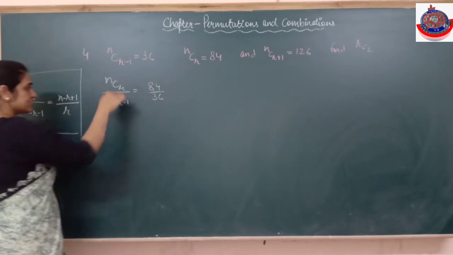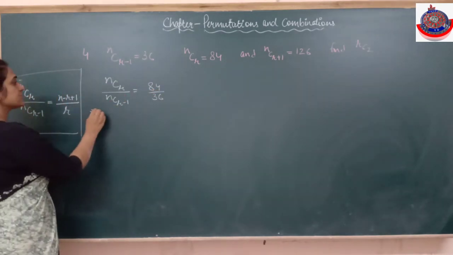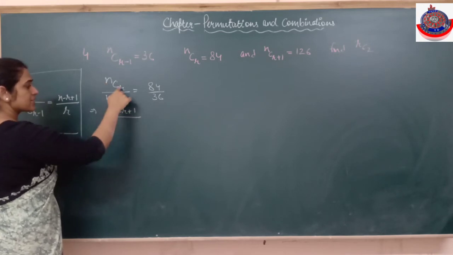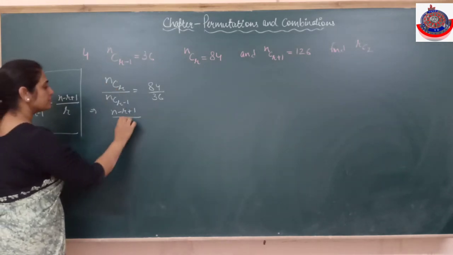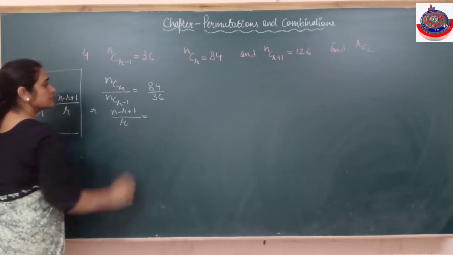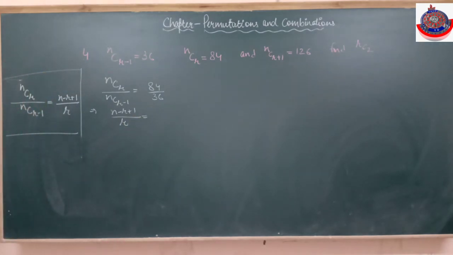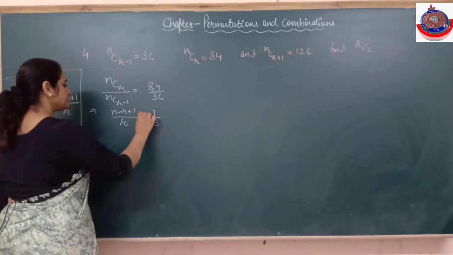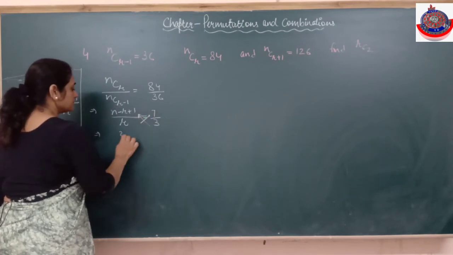And what is given, nCr upon nCr minus 1, can be written as (n minus r plus 1) upon r. Is it clear? If I cancel it, 7 by 3, so one equation we will get from here.